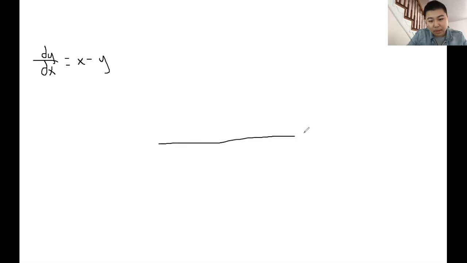A little annoying. dy/dx equals x minus y. Okay, so if we have this, then draw the grid. All right, so if we do (0, 0), basically all the diagonal ones are going to be 0 because anything minus itself is 0.